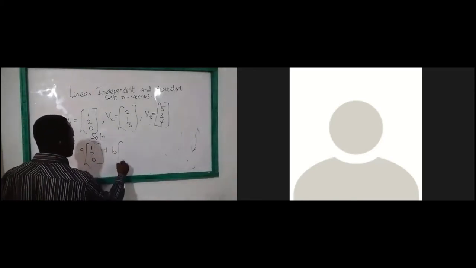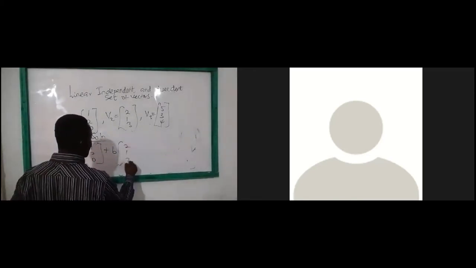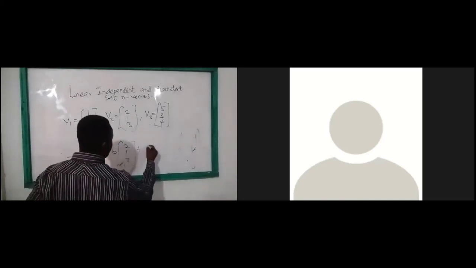So we can write it as A multiplying 1, 2, 0 plus B 2, 1, 3, and then plus C multiplying 5, 3, 4. So this is how a linear combination is expressed. So we see that we have expressed these vectors as a linear combination.